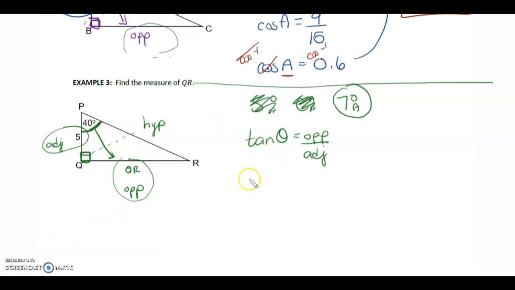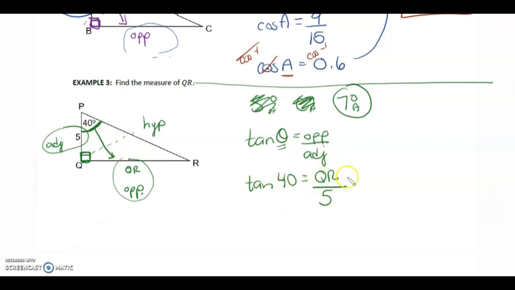So I'm going to rewrite this as tan. Instead of theta, I'm going to write 40 degrees, okay, because that's the angle. Opposite, we don't know, so we can write QR. I mean, you can write X, you can write Y, you just name that side, that's fine. And then over adjacent, which is 5.